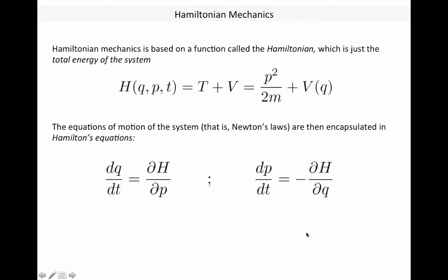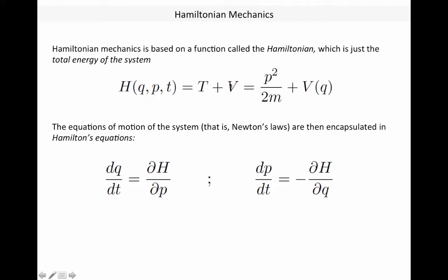Now, Hamiltonian mechanics is based on a function called the Hamiltonian, which is nothing other than just the total energy of the system. So the Hamiltonian is called capital H, which depends in general upon the coordinates Q, the momentum P, and the time t, and it's just the kinetic energy T plus the potential energy V of the system.